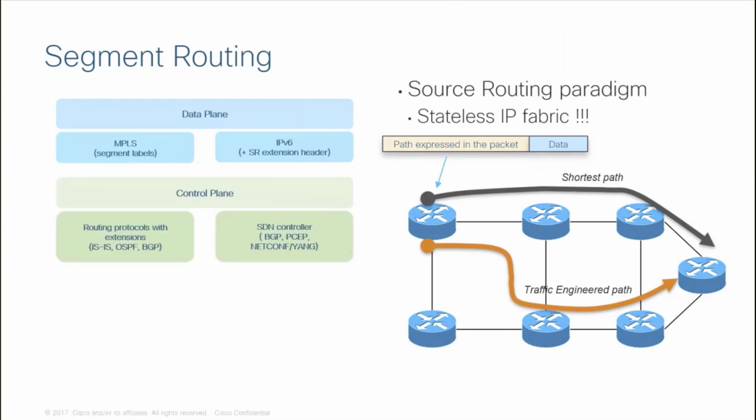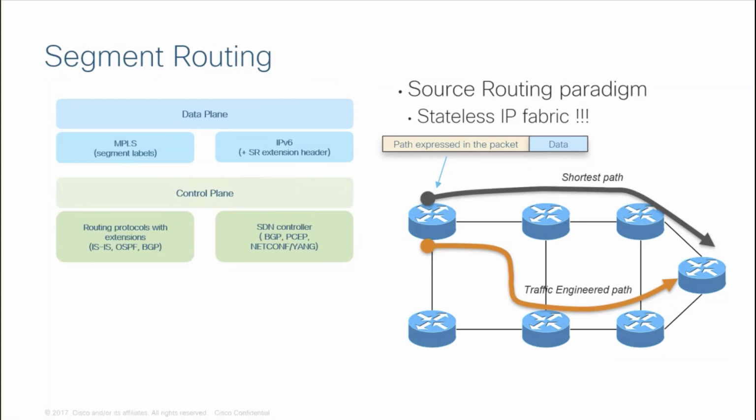In the control plane, and this is what I indicated earlier, we have kept the power to the IGP protocol, so whether it is ISIS or OSPF as your flavors of IGP, or BGP, and we have extended them to allow the possibility to signal also the label for a particular prefix.